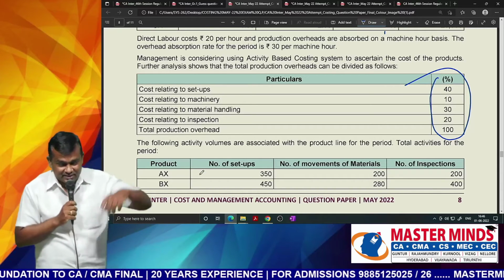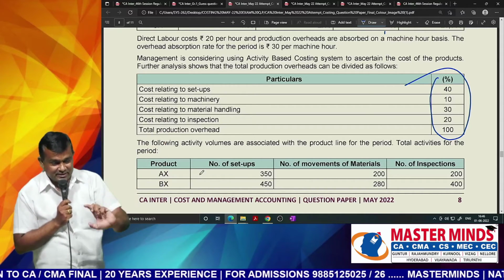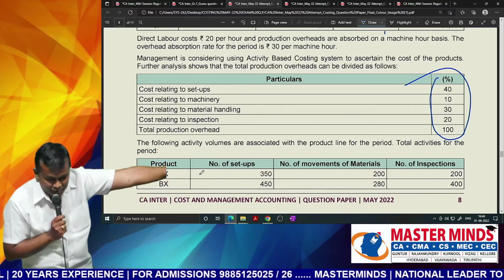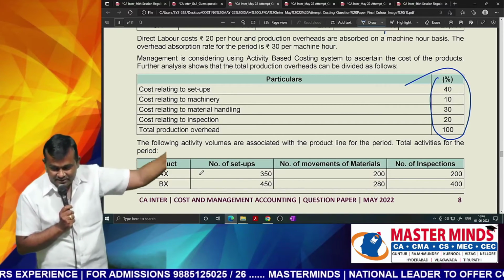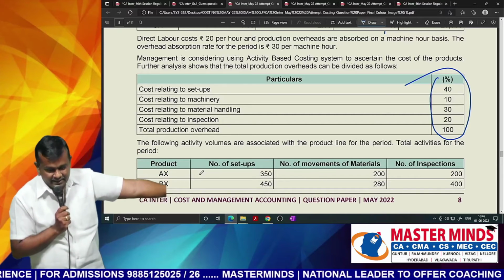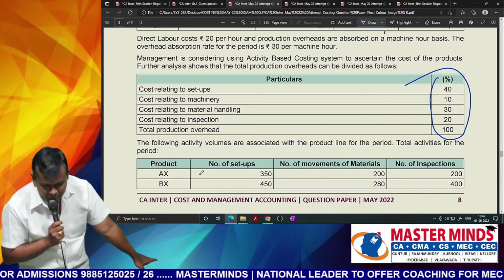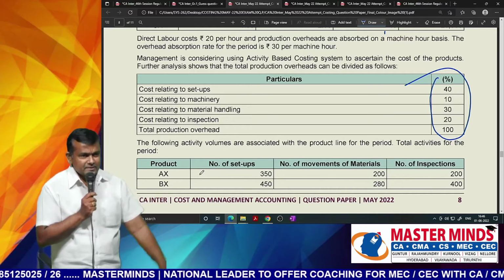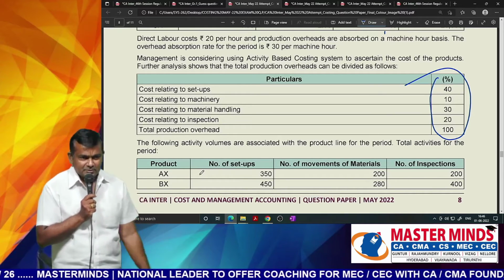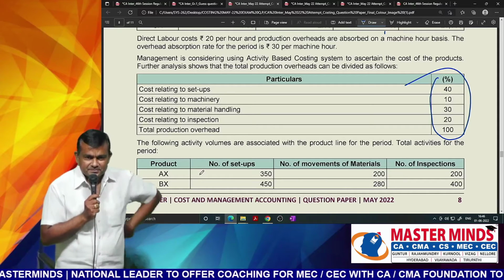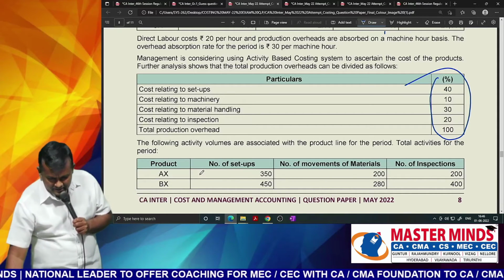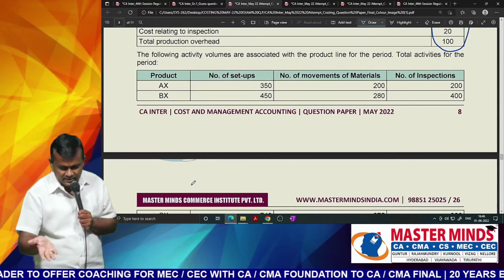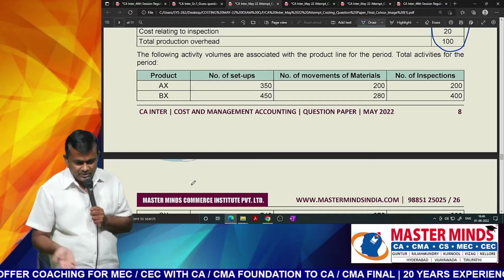Then out of that, 40% of total overhead cost is allocated to setup activity, 10% to machinery activity, 30% to material handling activity, 20% to inspection activity. Next, number of setups, driver names are directly given, and driver quantities are also given in the problem.